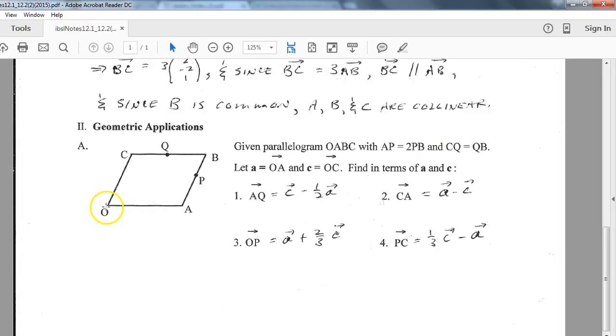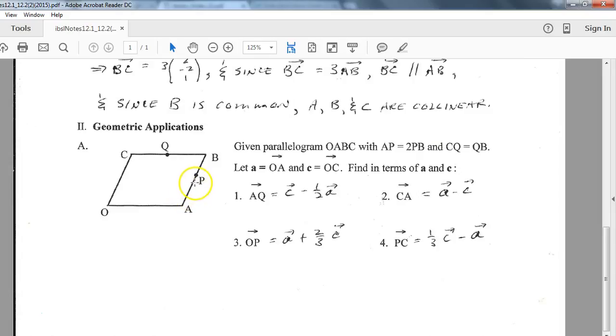So I'm going to travel vector A plus whatever this is in terms of C. Remember that from here to here is all of vector C. Since these have a 2-to-1 ratio, this is 2/3 of C. This would be 1/3 of C, so that we keep that 2-to-1 ratio that we have right here.